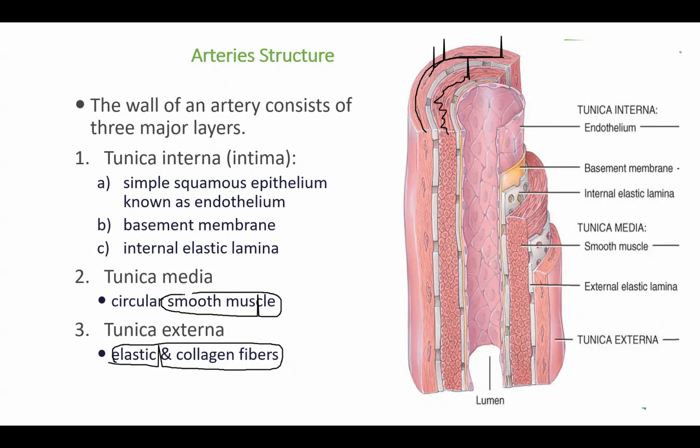Remember, smooth muscle is involuntary muscle. It will contract automatically. And then the tunica interna, also called the tunica intima, consists of epithelial tissue. It's called the endothelium. This is one layer of endothelium.